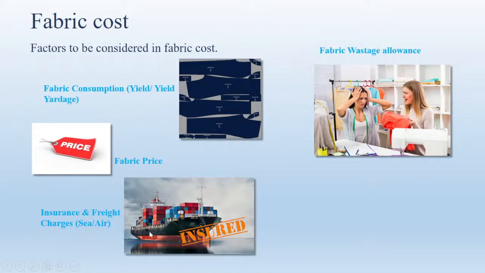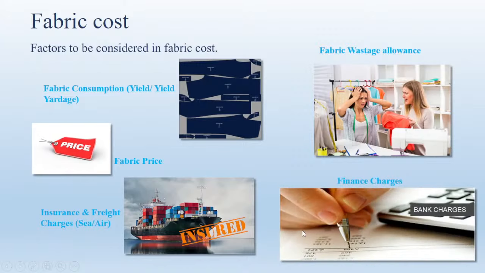We have to insure the consignment, definitely compulsory, and finance charges also. The bank should be involved to make this business a reality. So finance charges also we have to consider as fabric cost, because until fabric is received in your stores, these costs are involved. So we have to consider all these as fabric cost.